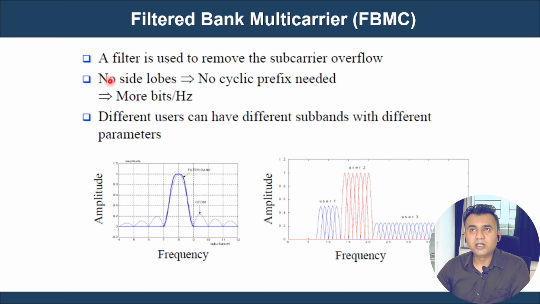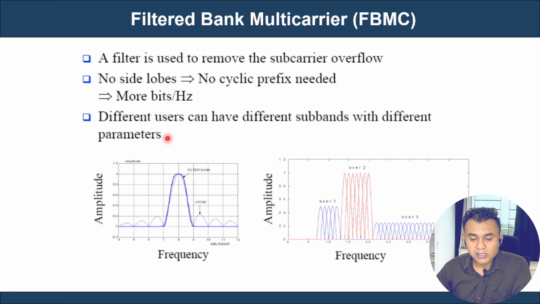That means no side lobes. We have eliminated the side lobes. If we eliminate the side lobes, then if you study OFDM very nicely, we don't have to use the cyclic prefix also, right? Which will cut down the complexity, and we can transmit more bits per hertz also, right?